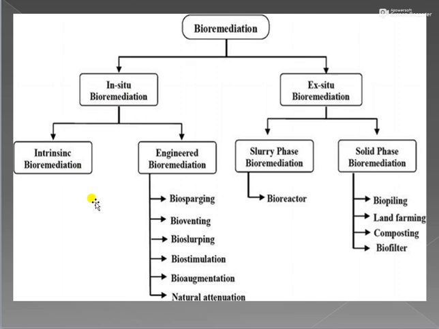Either you can use the microorganisms which are already present there, or you can give an engineered bioremediation, in which different methods are given so that the organisms are promoted to grow there at a much faster rate.